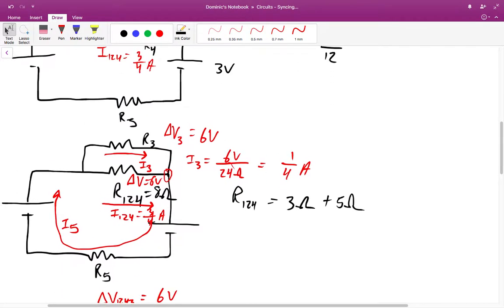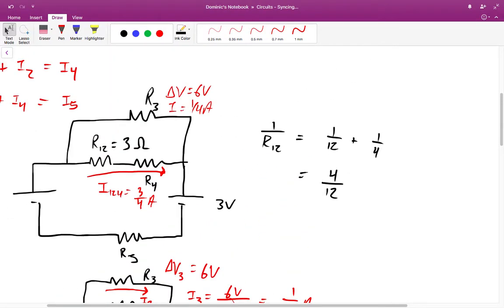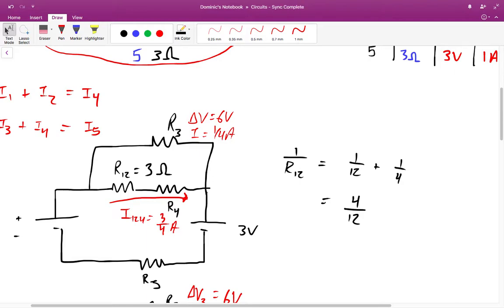Okay, looking back here again, I know the current going through each of those resistors, and I know the resistance, so I can figure out delta V. Delta V of R12, so delta V12, is current times resistance, so that's 3/4 times 3, which gives us 9/4 volts.